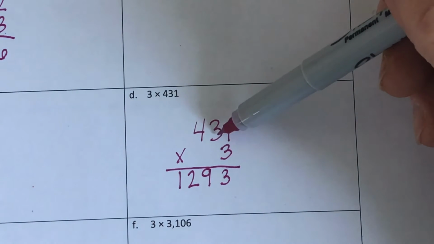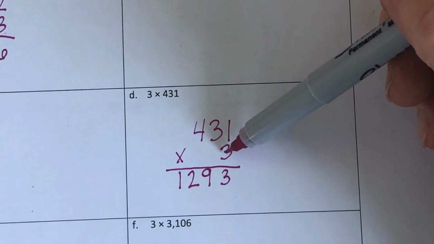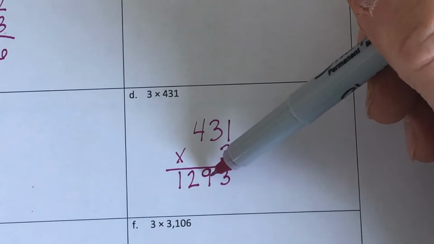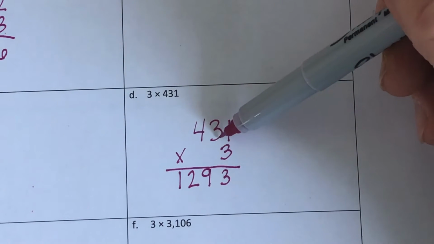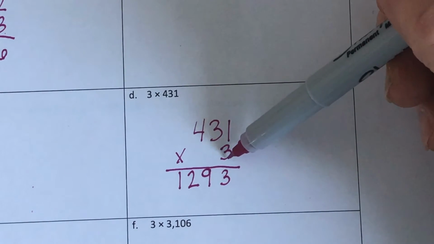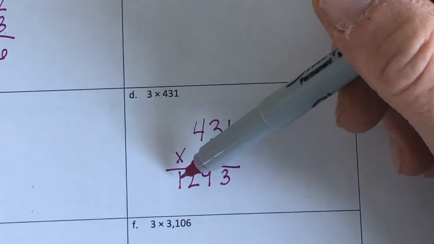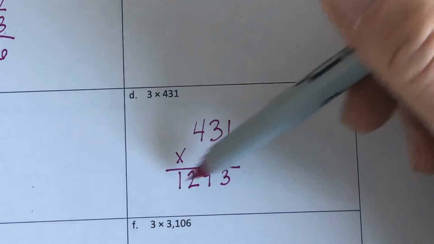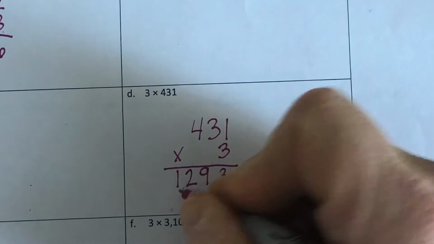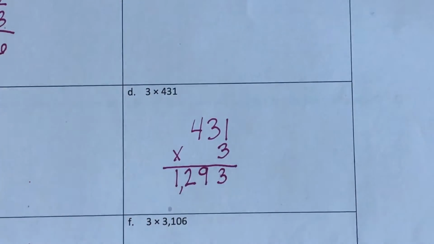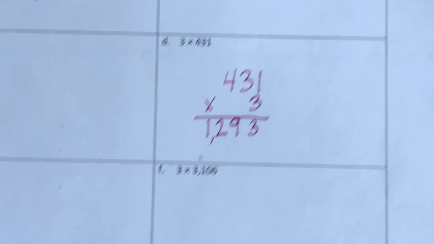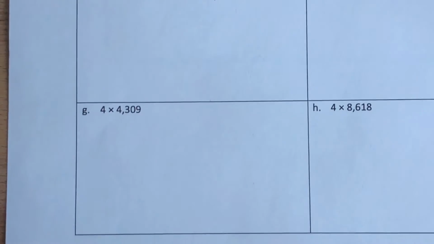When I did 3 times 3 is 9, this 9 is actually 90 because it's really 3 times 30. Then finally 3 times 4 is 12, okay, but 3 times 400 is 1200. So we did that all together. We put our little comma in there. It's 1,200, okay?